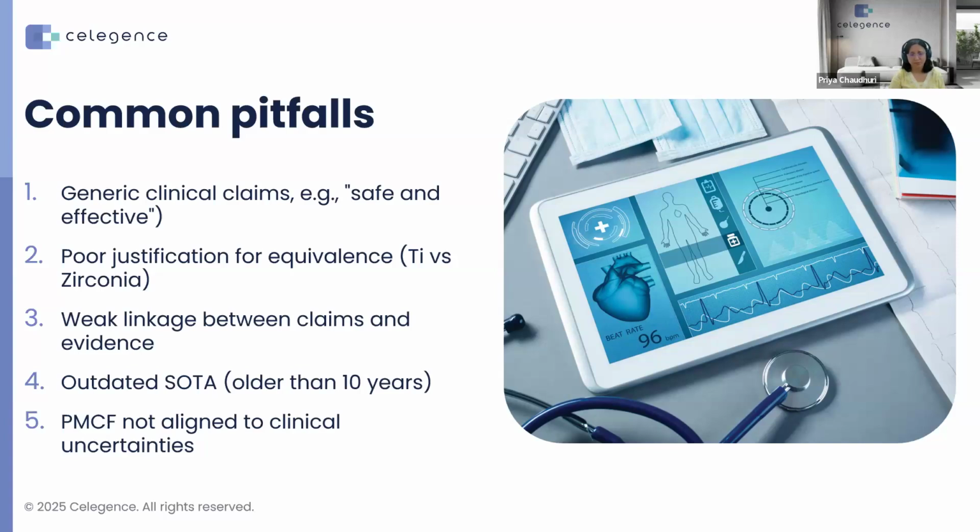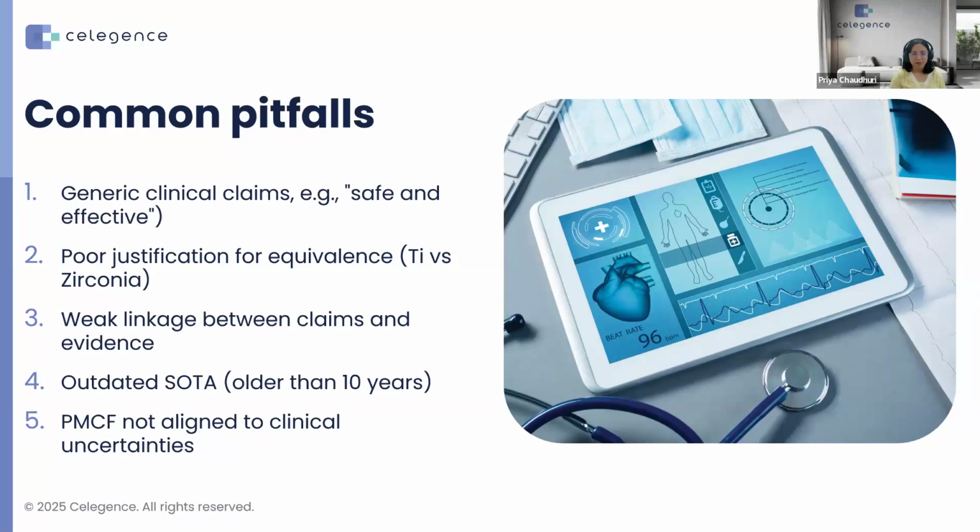For example, if we say safe and effective, or safer and more effective, without a benchmark technique or a comparative device or a comparative study group in question, all of these would definitely be pointed out while assessing the clinical evaluation report by the notified body.